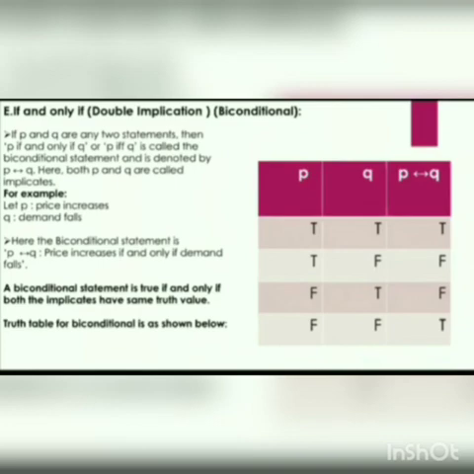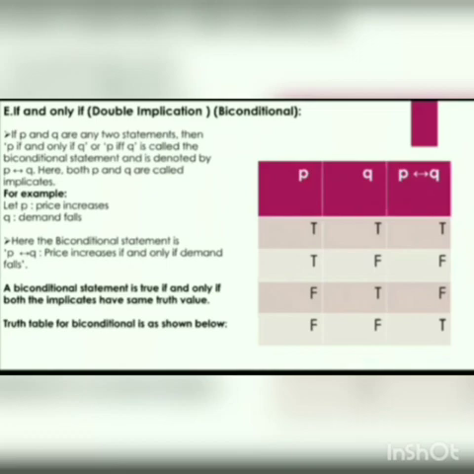Let us take examples of two statements. P as price increases and Q as demand falls. Here, the biconditional statement is price increases if and only if demand falls. A biconditional statement is true if and only if both the implicates have the same truth value.